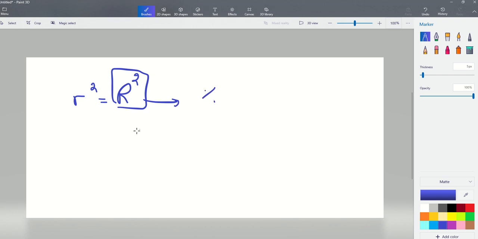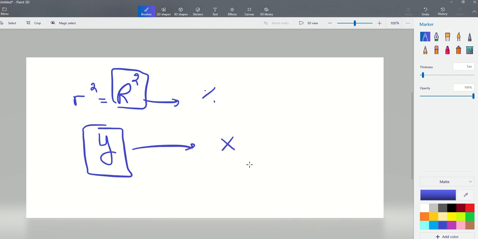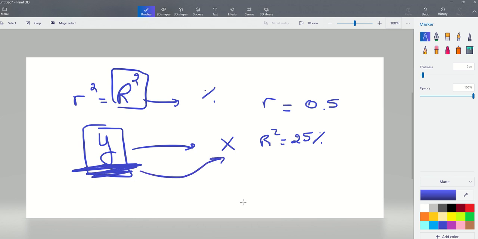The way you interpret it, you say that this is the percent of the variability in Y that can be explained by X. So for instance, if the correlation between X and Y came out to be 0.5, meaning the R square is 25%, you would say 25% of the variability in Y is due to X.